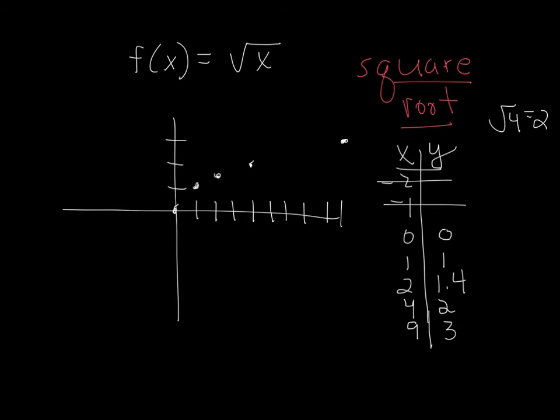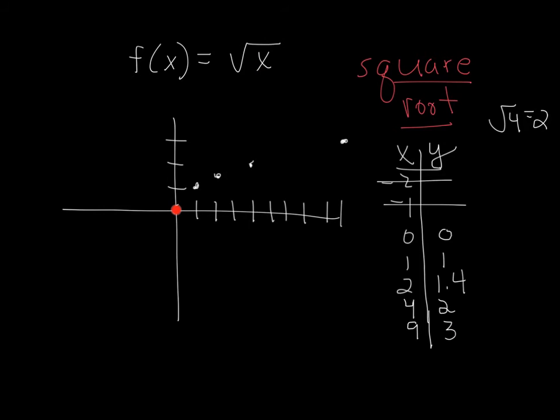Now that should be enough to see that this thing is not a line. It's not straight. It's going like this. So square root functions, first of all, they just start at some spot. Like this cannot go over here at all. It's not going to keep going. There's no arrows here because we're not even allowed to plug in these negative numbers into this function to create any kind of value for y.